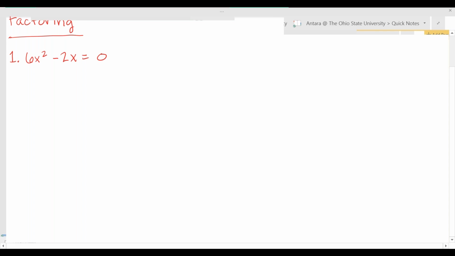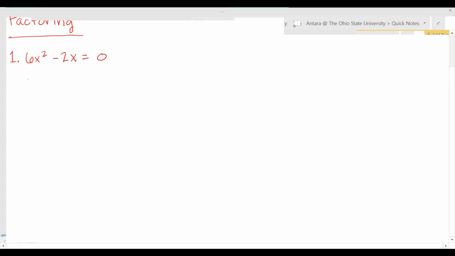Kind of similar to the previous slide, we want to divide up this expression so that we can take each of the expressions that we divided up into and make them equal to 0. When looking at this, we see that 2x can actually come out of this expression, since 2x is a common factor in both 6x squared and negative 2x.